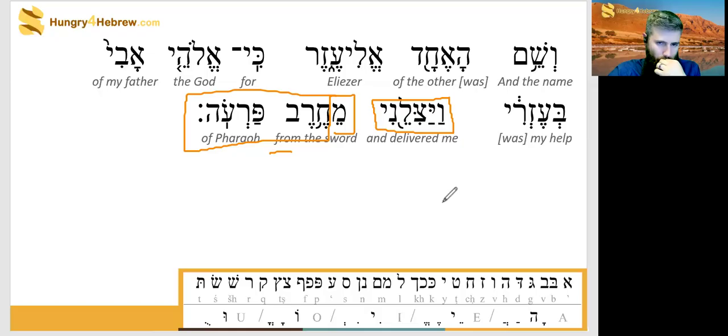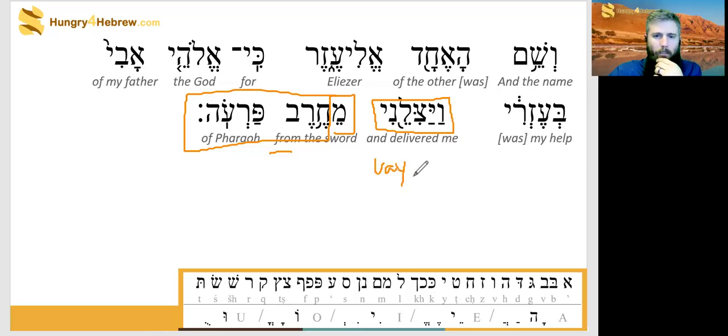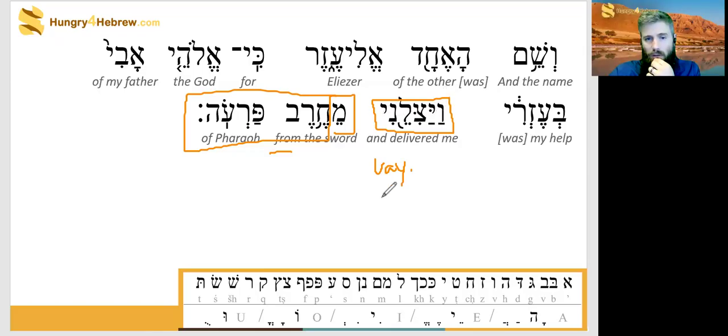Vayatzileni. What form is it? Vayikto, yep, there's a vav, patach, dagesh. It's a vayiktol. What person gender number is it? There's a yod at the front, nothing at the end, so it's 3ms. He is the subject.